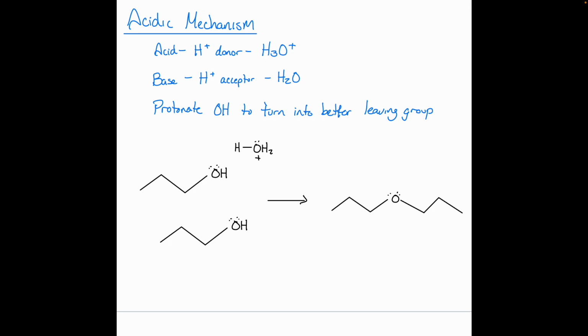We have to have our hydronium as our proton donor, and if there's any proton accepting going on, any base going on, we need to use water as that proton acceptor, right? Under acidic mechanisms, we should have no strong bases. No negatively charged oxygens in your mechanism.